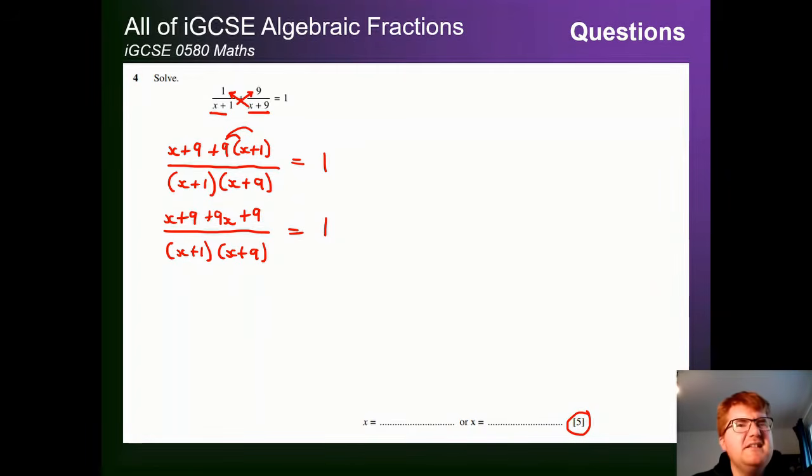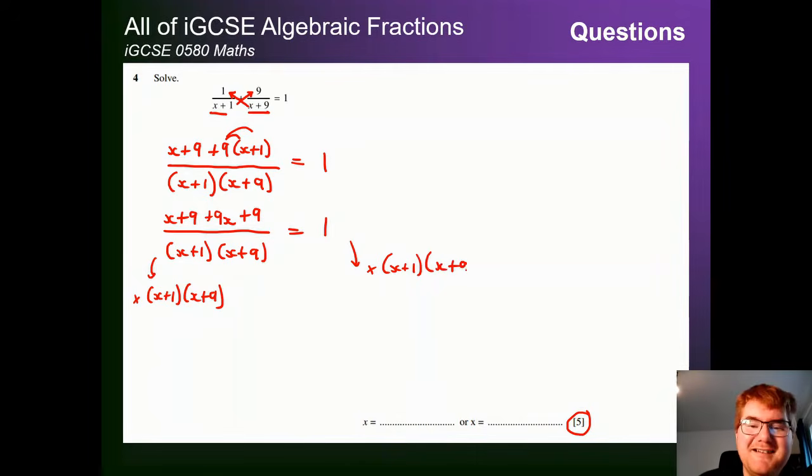So we've kind of done the method in question 2. That's about 2 or 3 marks worth. Now we actually have to solve this thing. Now, first thing is, I do not like fractions here. This fraction is irritating me. So what's the opposite of dividing by x plus 1 times x plus 9? Let's multiply by x plus 1, x plus 9 on both sides.